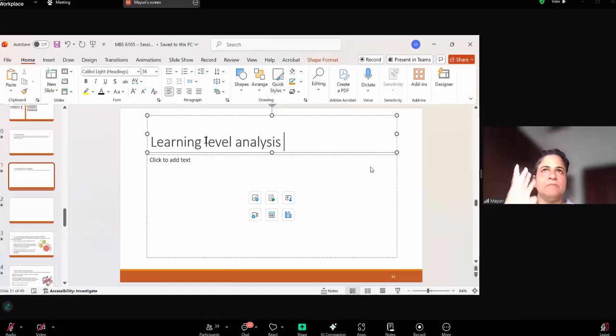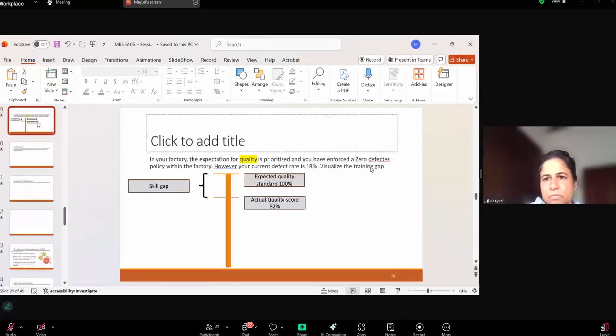Now we identify that there's a skill gap. But we are not sure whether this is exactly a training matter. Certain things are not training matters. For example, defects.